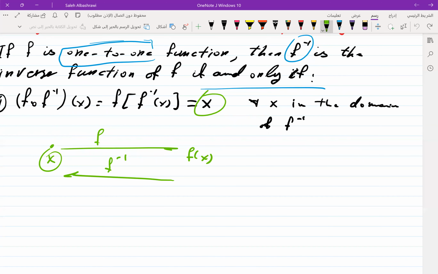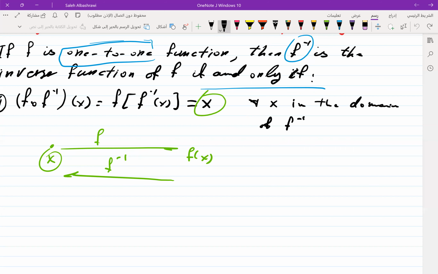So x goes to the image, which is f of x. If we reverse the direction of the arrow, f of x will go to x if we apply the inverse. So it is like a round trip from x and going back to x again. If it gives me x at the end, then the first condition is satisfied.